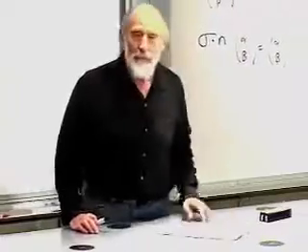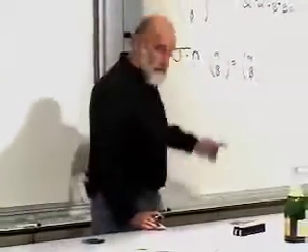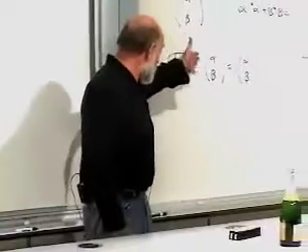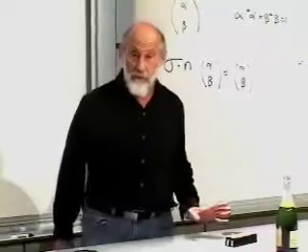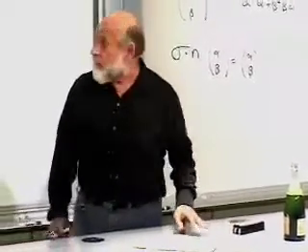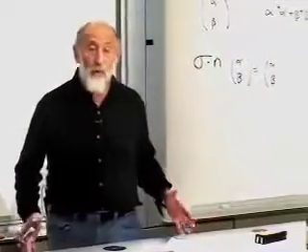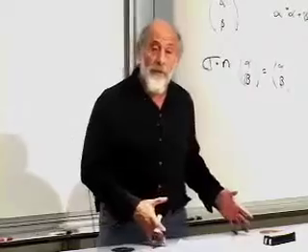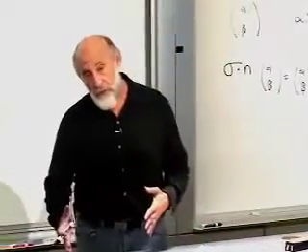Does the phase have any physical meaning then? The overall phase of the state vector does not have a physical significance. Why not? Because whenever you calculate any physical probability, you always wind up multiplying it by its complex conjugate. When you multiply by a complex conjugate, the phase goes away.